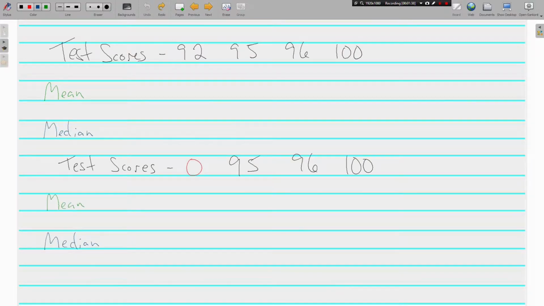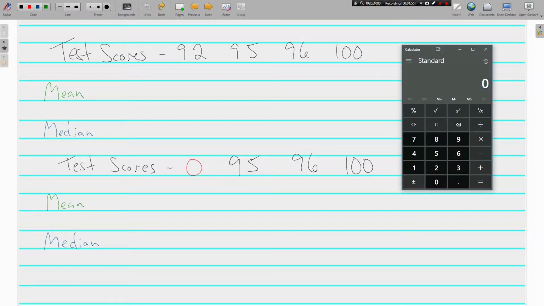Here we've got two different sets of test scores. Up top we've got a 92, a 95, a 96, and 100%. Let's find the mean of those. If we add all four of those test scores together, 92 plus 95 plus 96 plus 100, we get a total of 383.